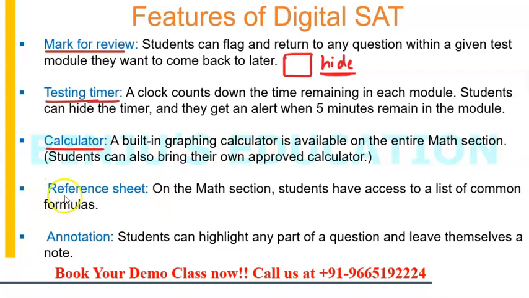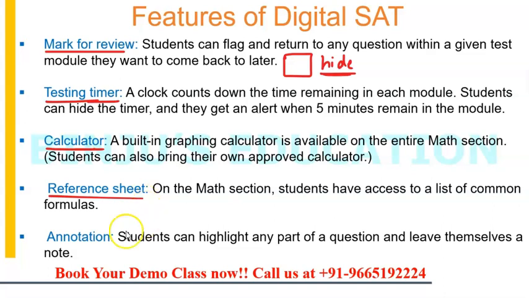Now, a reference sheet for the formulas will be given to you, consisting of the formulas for the maths part. However, as far as the SAT is concerned, as I've already been telling you guys, the SAT is more about your conceptual understanding and less about simply using formulas. But anyway, you will have a list of common formulas. All right.